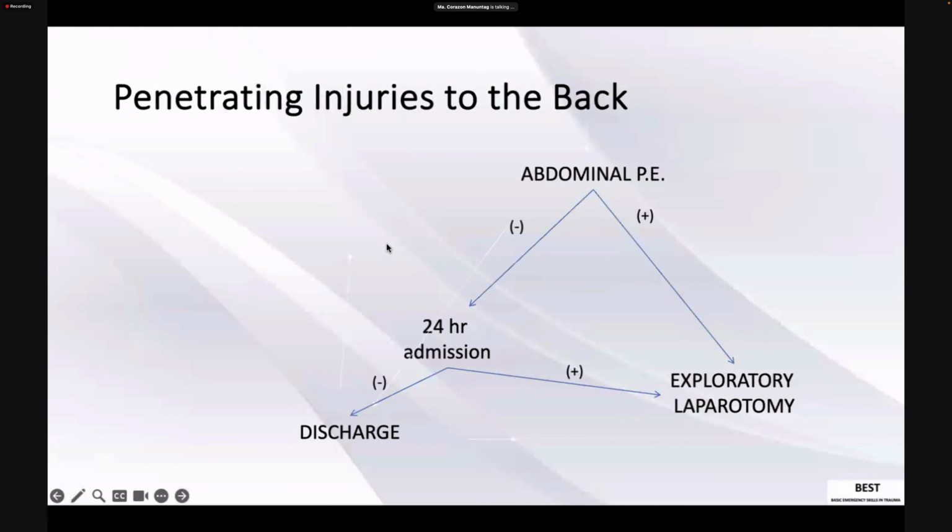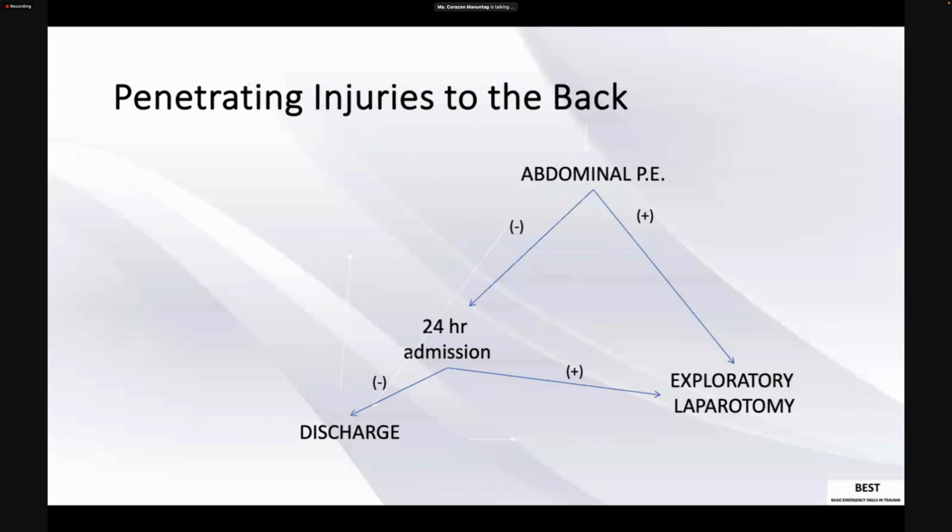So for your penetrating injuries to the back, simple lang yan. If there are no abdominal physical exam findings, then we do not do anything. No workup. Get? So, penetrating injury to the back, ang definition ng back being posterior axillary line to posterior axillary line.